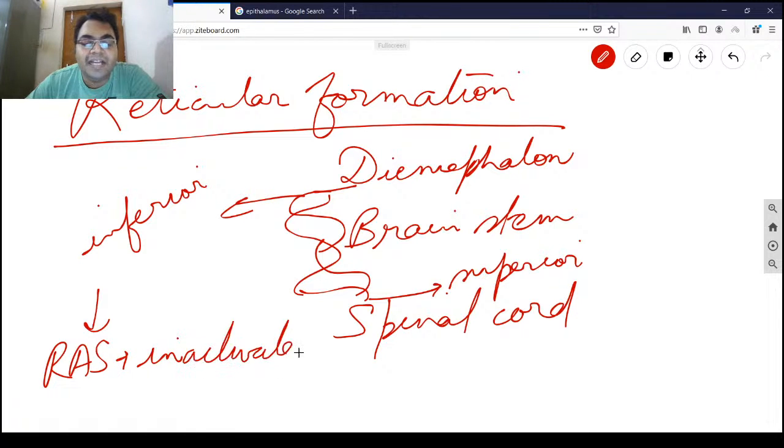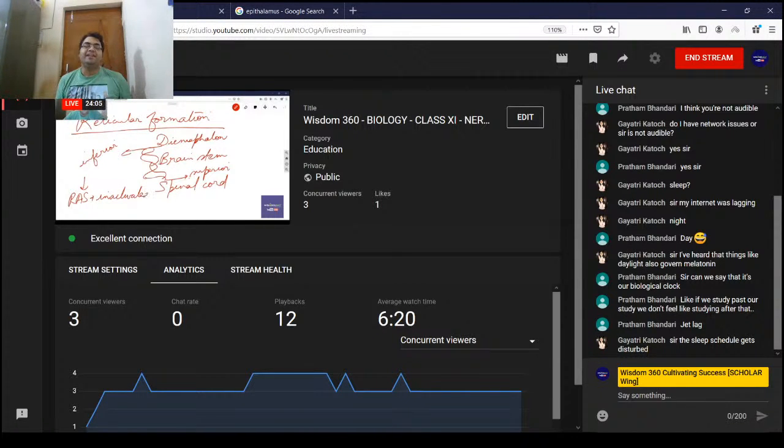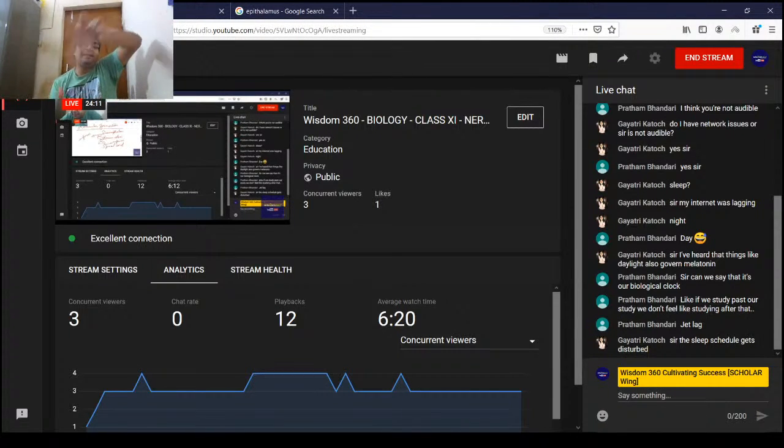Such an injury should happen that it becomes inactivated and you reach a state of coma directly. Okay, sleep schedule distorted, yes, Gayatri. So the thing is, these things are all done by your brain. You might have heard of coma also, right? So in coma, the reticular activating system must be completely stopped, completely inactivated, ceased, right?